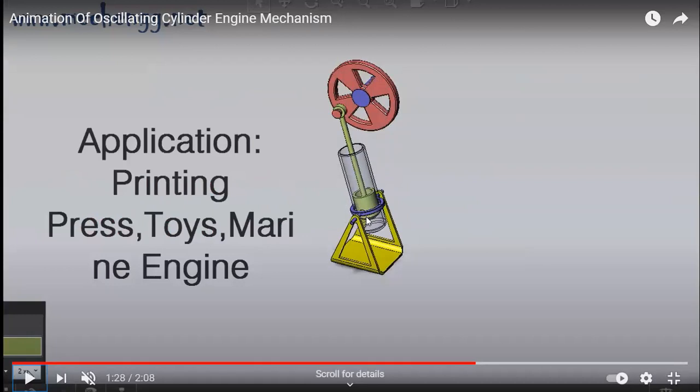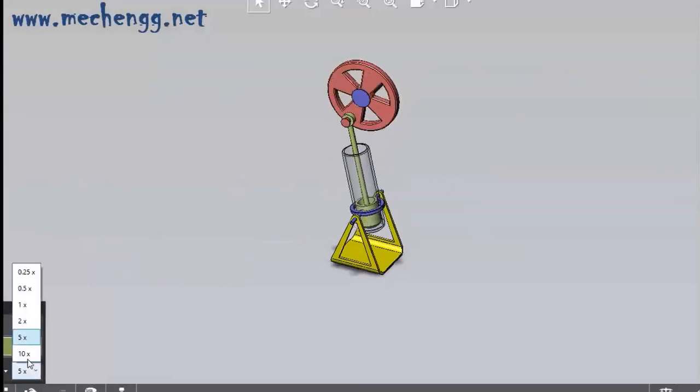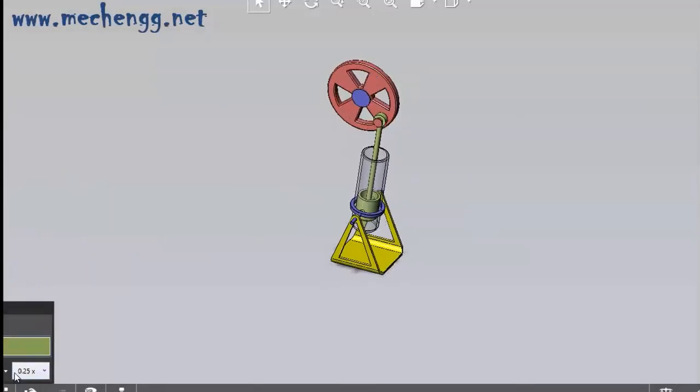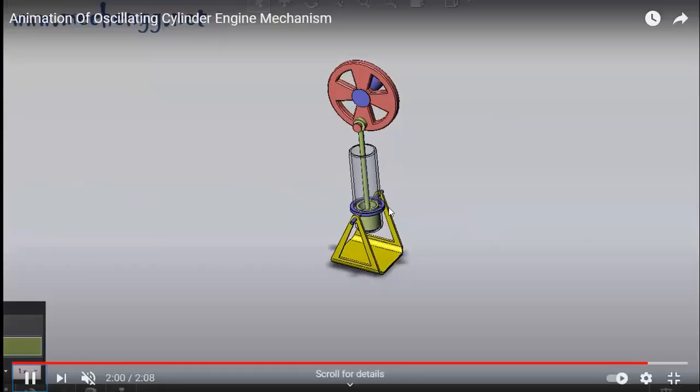So these are the general applications or uses of this oscillating cylinder engine mechanism. So that is the working.